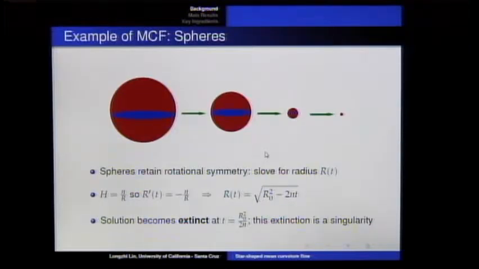You see that the derivative of the radius equals minus n divided by r, because the principal curvature is 1 over r, and you sum them over, you get n divided by r. So you can solve the ODE, and the radius along time equals the square root of the initial radius squared minus 2nt. So after finite time, say t equals r naught squared divided by 2n, it becomes extinct, right? So this is commonly referred to as the spherical singularity.